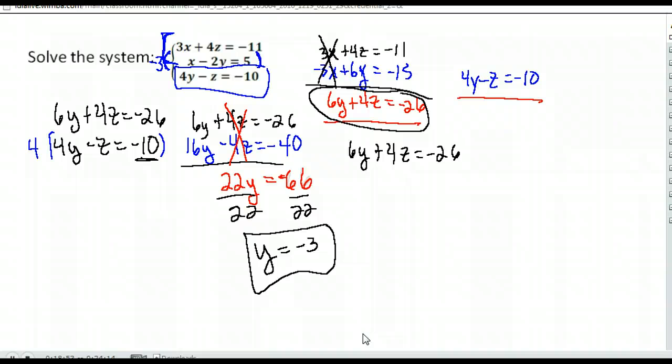Okay. We know y is negative 3. So now we have 6 times negative 3 plus 4z. Make that a little neater.